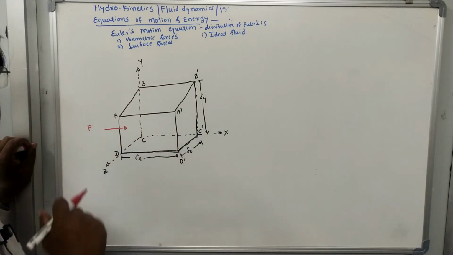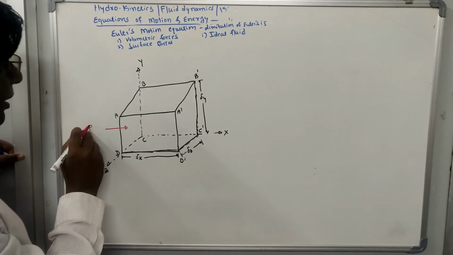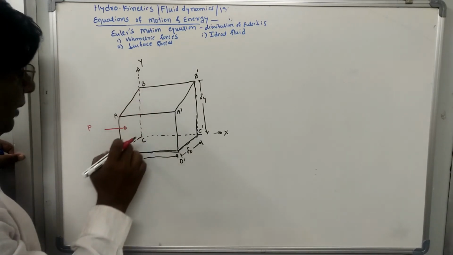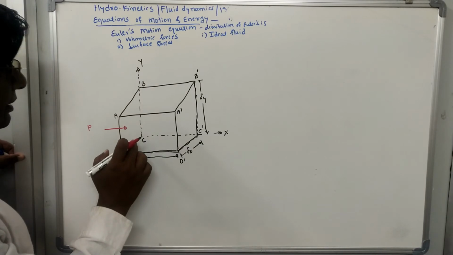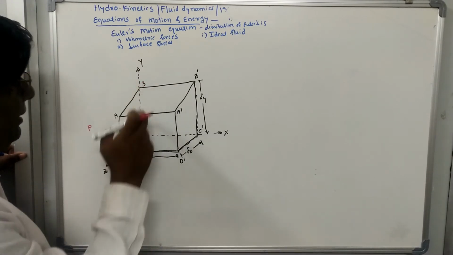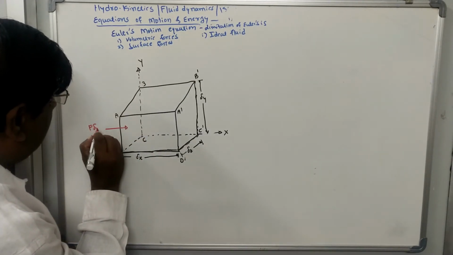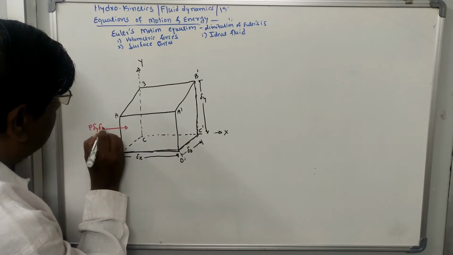The pressure force is this pressure intensity multiplied by the area of the plane ABCD. The area of the plane ABCD is this height multiplied by this width, that is delta y delta z.